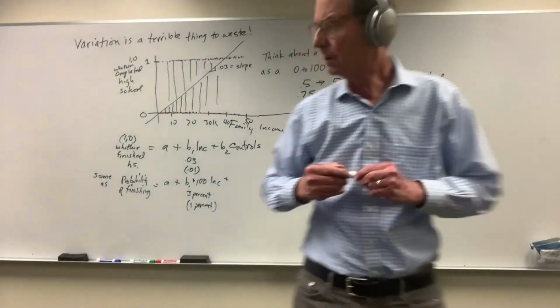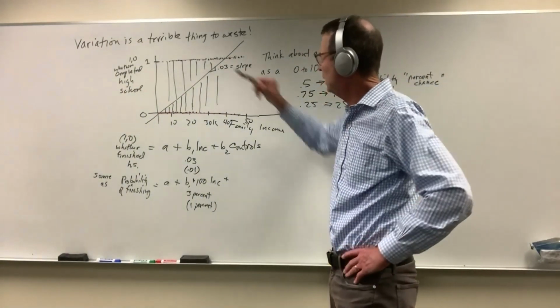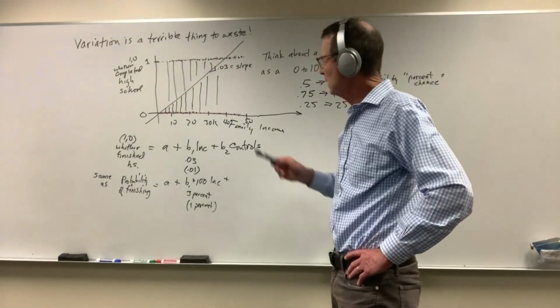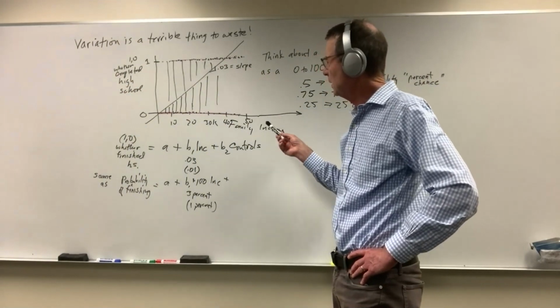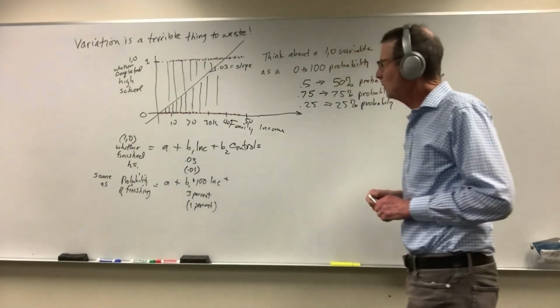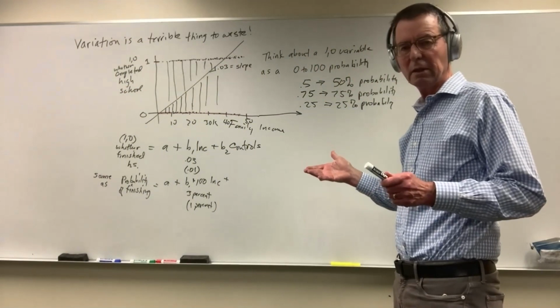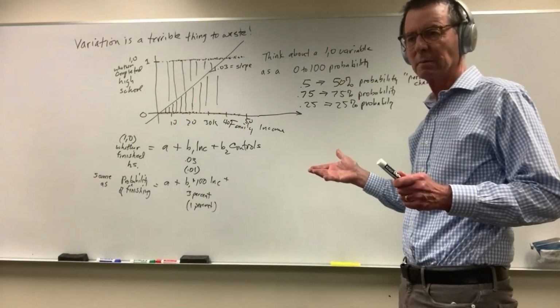So that makes things very easy. We see a 0.03 and we think, well, what that means is that every additional $10,000 of income is associated with a 3% increase in a chance of graduating high school.